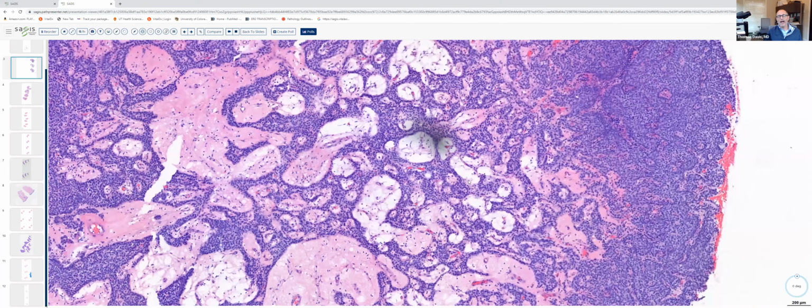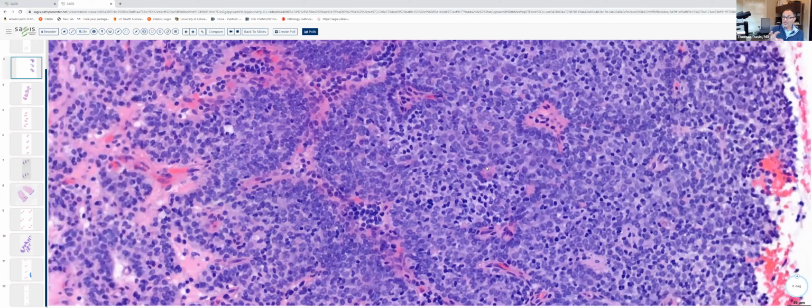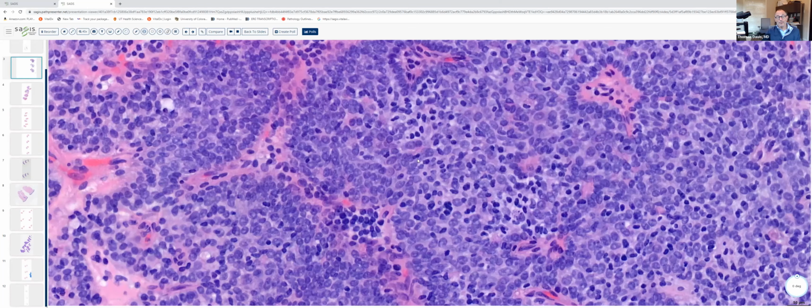As we move to higher power and begin to look at the cytologic makeup of these epithelial islands, we can see that we've got at least two cell types here. The nuclei comprising most of the cells are round to oval. They're fairly large.